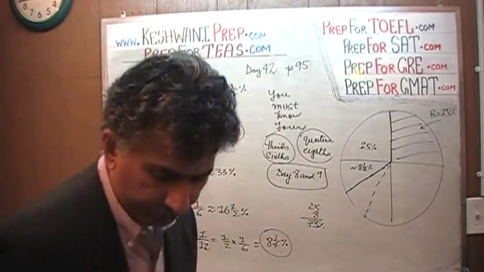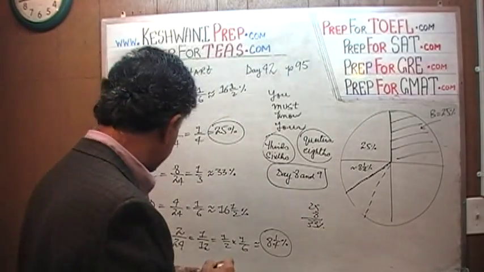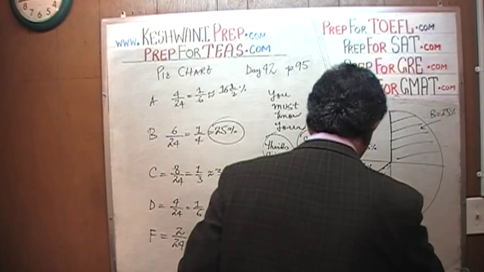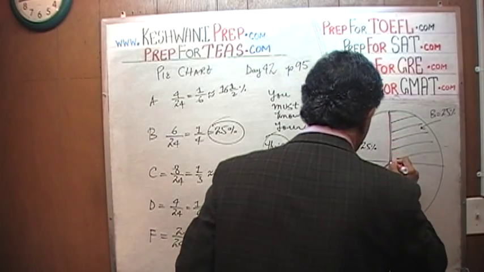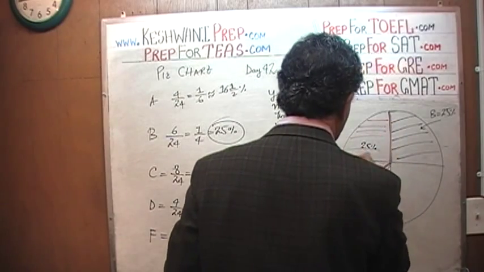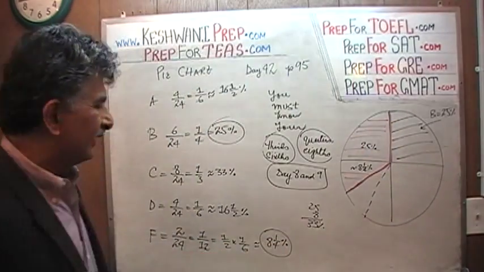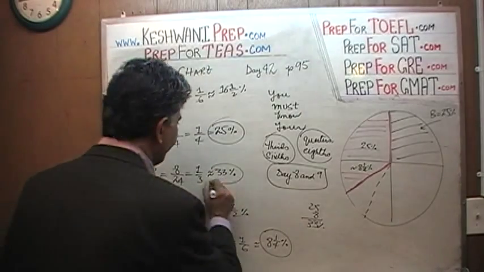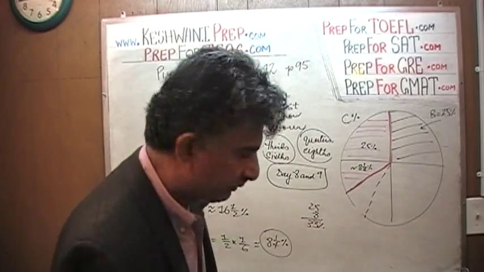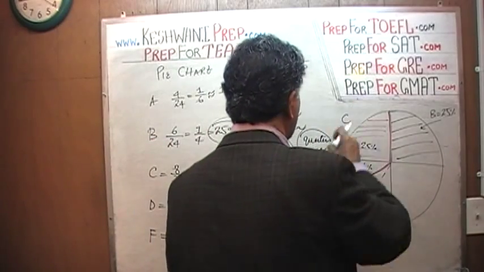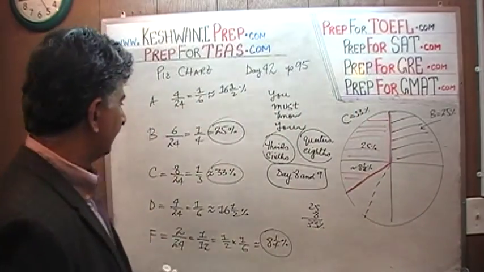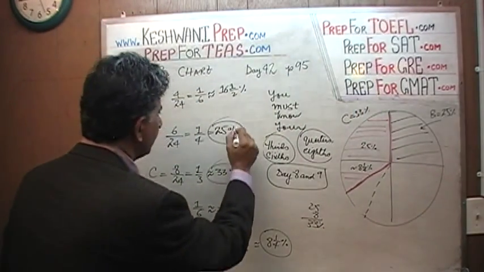Let me do it in a different color. That's the third, which is your C. This is C, which is 33%. So that part is done. C is done. We took care of this thing.